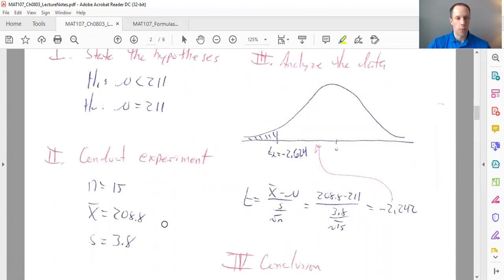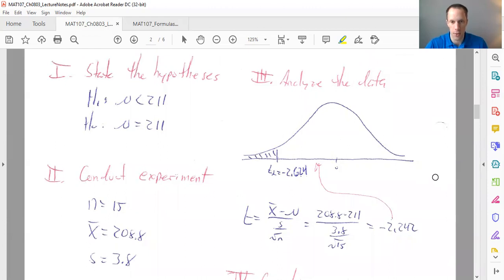When the experiment was done, the sample size was 15, the sample's average was 208.8, and the sample standard deviation was 3.8. Okay, since we're working with sample standard deviation, not population standard deviation, we're going to have to do the t-test again. So draw the t-distribution. 0, which represents the 211, is in the middle. And we're doing a left tail test here because of the less than sign in the alternative hypothesis.